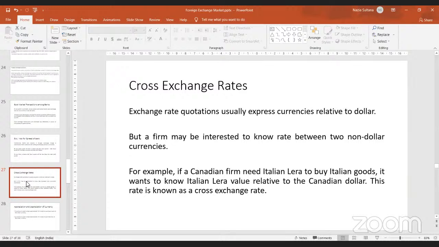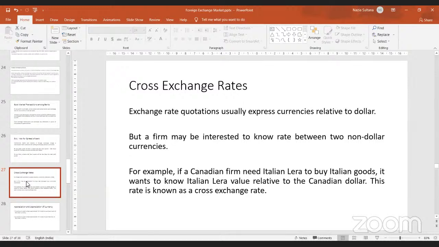So the Italian currency is lira. When the Canadian firm wants to buy something from Italy, by spending Italian lira, then it wants to know what is the relative value of the Italian lira to your Canadian dollar. That is nothing but your cross exchange rate.